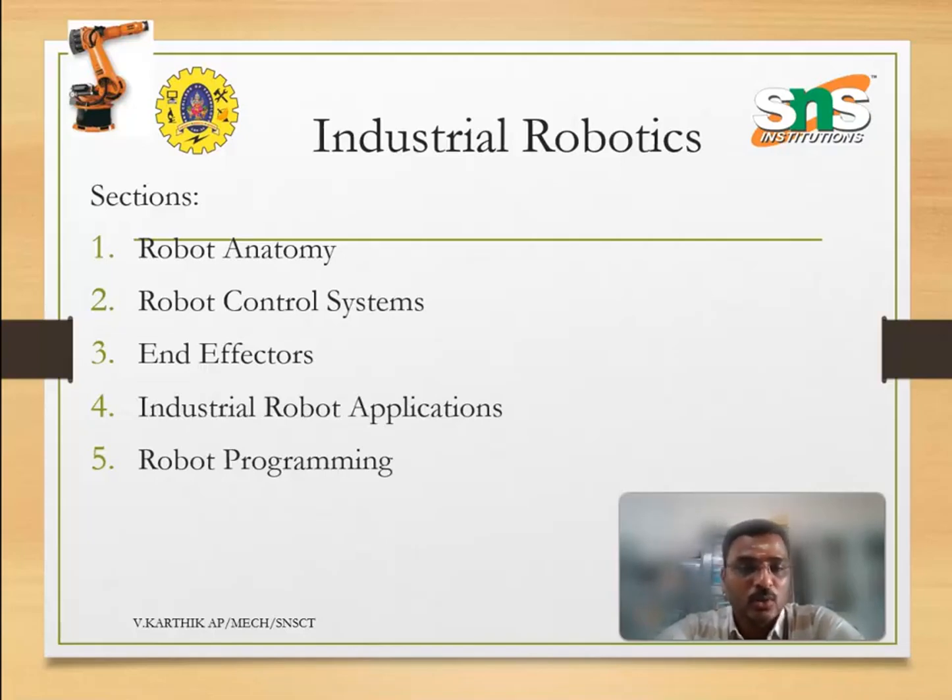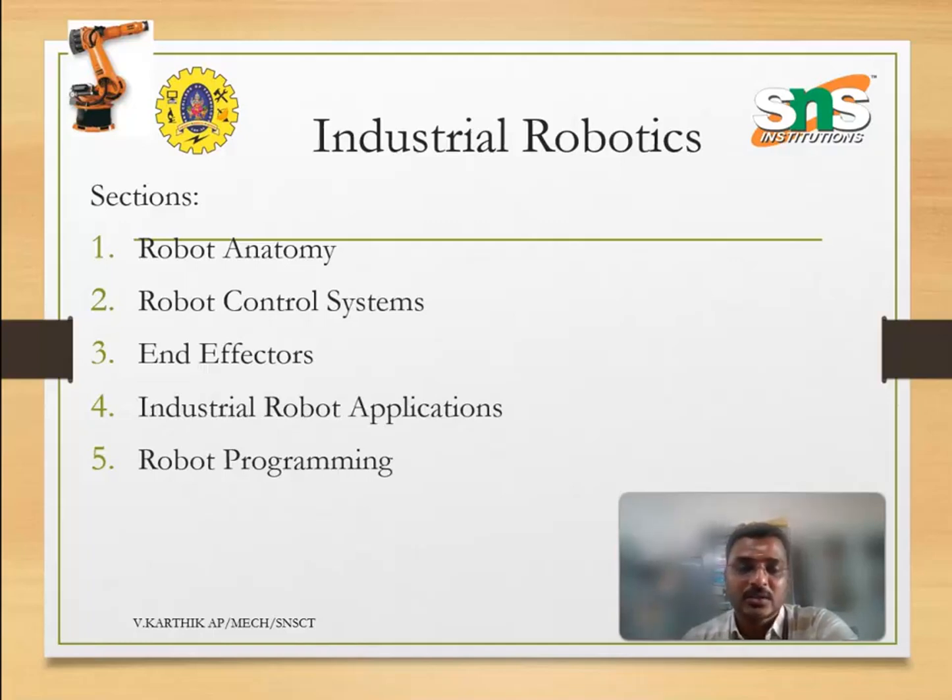The robot anatomy, robot control systems, end effector, industrial robot applications, robot programming. Robot anatomy is where the kind of robot will be discussed. The robot control system is like the CPU, and it occurs during machine control.